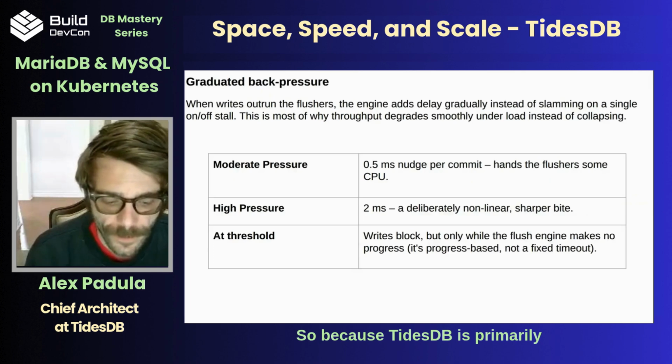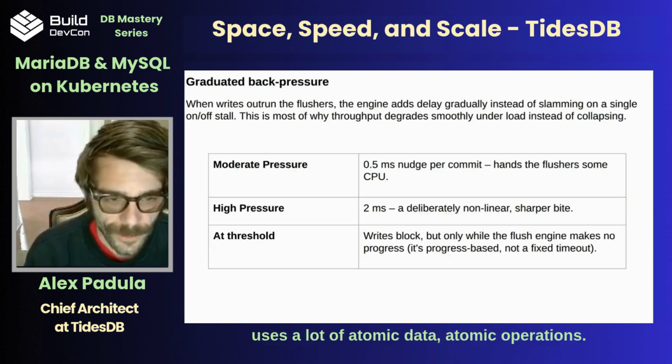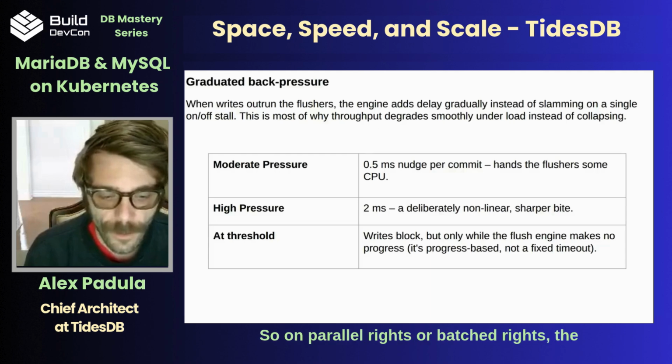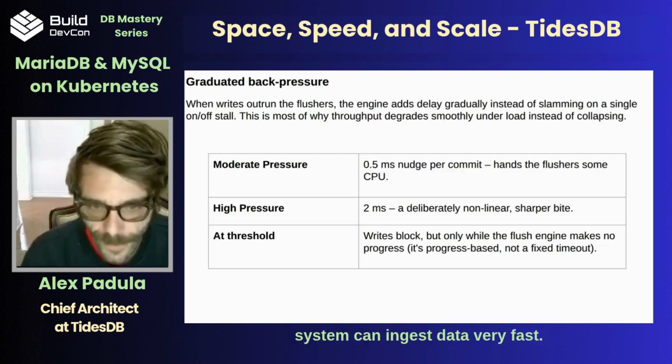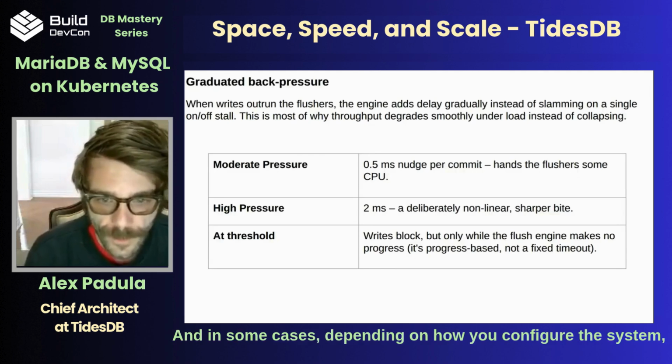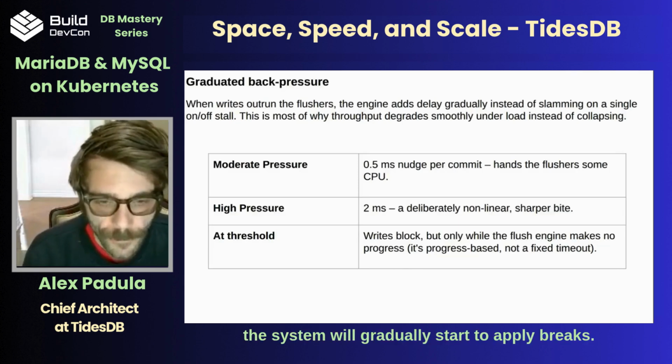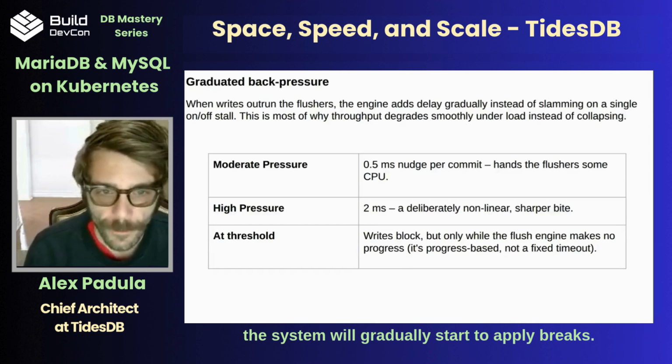Because TidesDB uses a lot of atomic operations, we're not using a lot of locks. So on parallel writes or batched writes, the system can ingest data very fast. And in some cases, depending on how you configure the system, like your L0Q, your L1 file count, the system will gradually start to apply brakes.